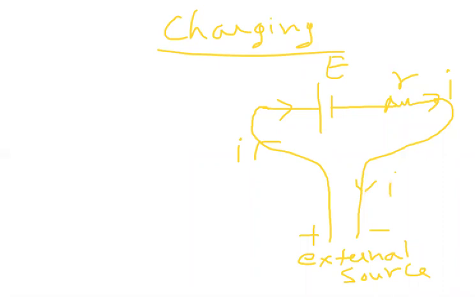Now, the potential difference across the cell. Generally, in discharging, what we observed is V equal to E minus Ir. In discharging, current is traveling from where to where? Current is traveling inside the cell from negative to positive. But now, how is the current flowing?